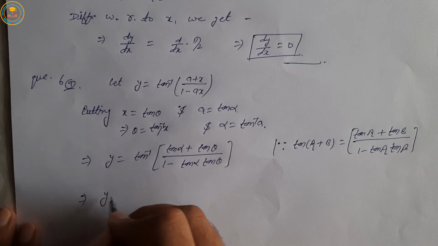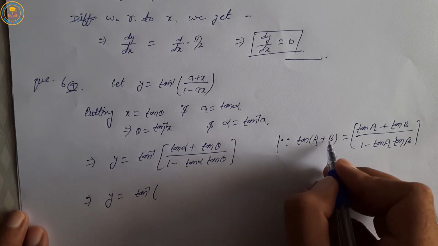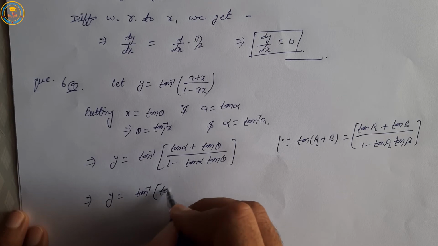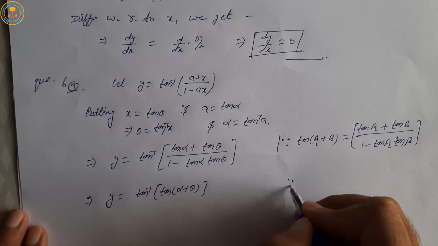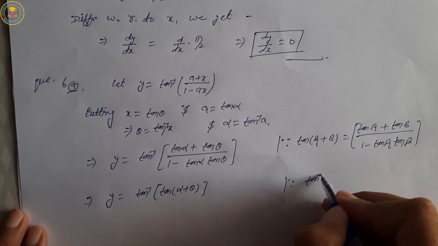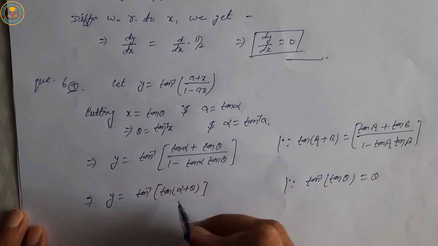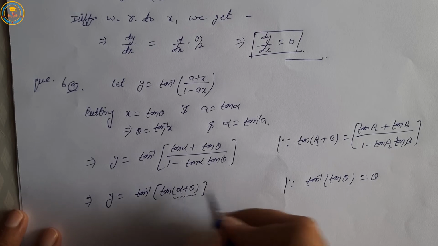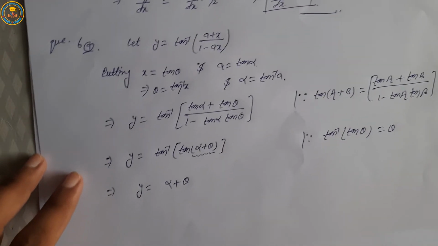So y is equal to tan inverse of tan(alpha plus theta), because tan inverse of tan theta is equal to theta. This implies y is equal to alpha plus theta.